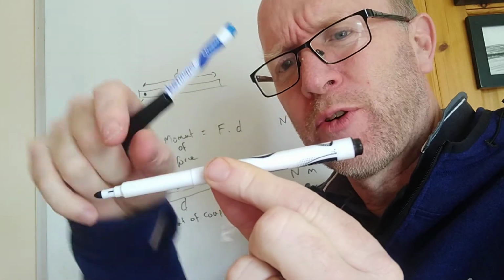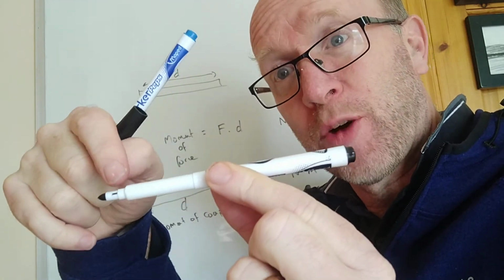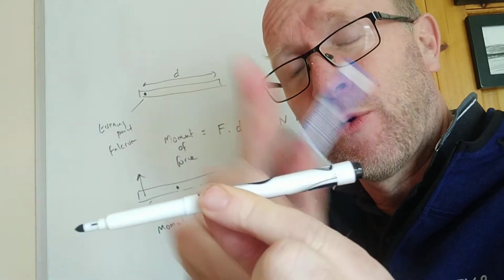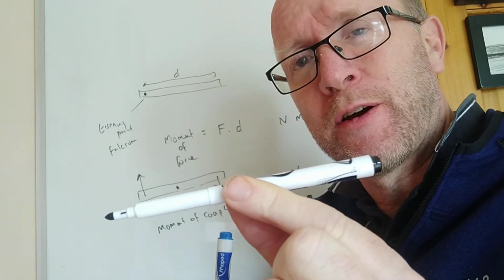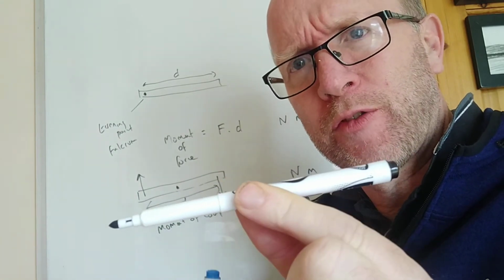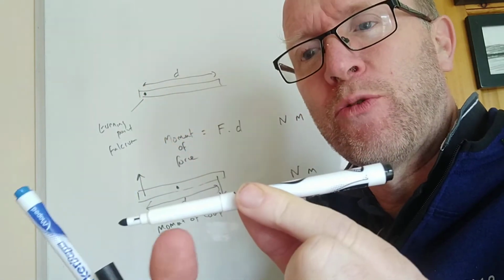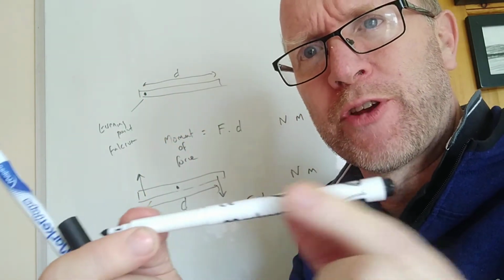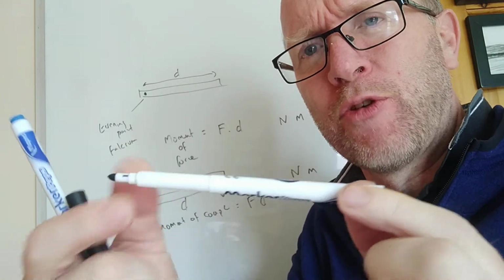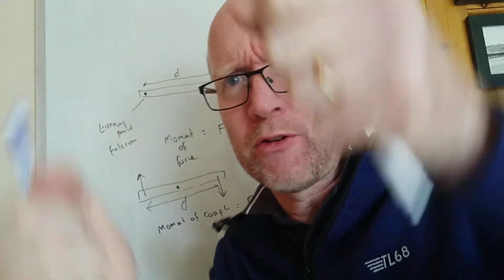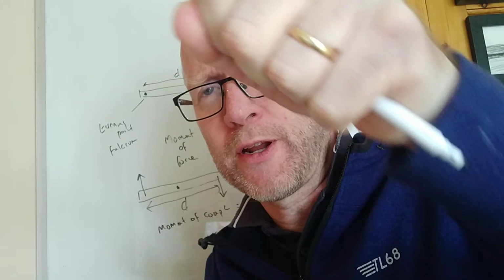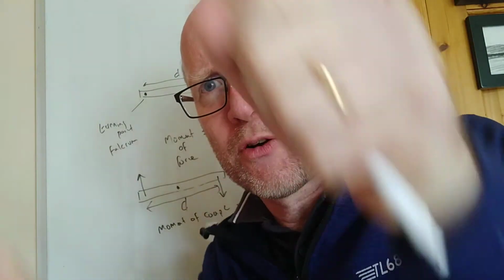You apply a pair of forces, a couple of forces, one down here, one up here, as you would on the handlebars of a bicycle, as you would on a tap, as you turn a tap, as you would in a car with your steering wheel. You apply two forces, one down, one up, and it causes a turning effect only.